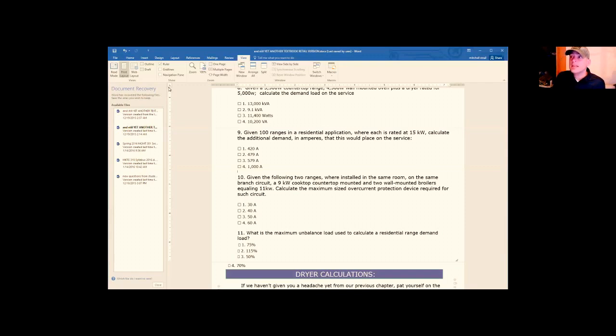That's 8750 watts, and that's a nameplate rating, 8750 or larger.